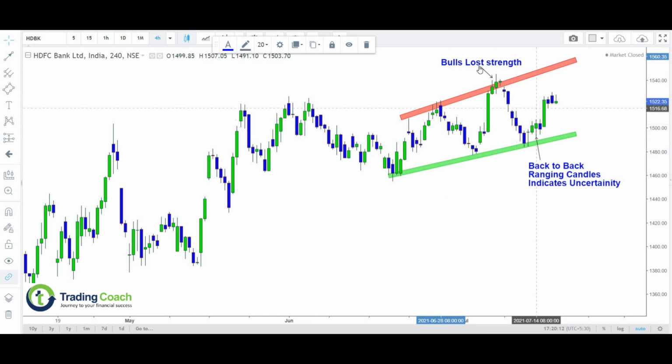So just to recap, we had bulls losing strength as the prices headed into the resistance. And here we can see a lot of uncertainty as the prices headed into the support. And right after these back-to-back ranging candles, which were indicating uncertainty, quickly we had a large trending candle over here, right?